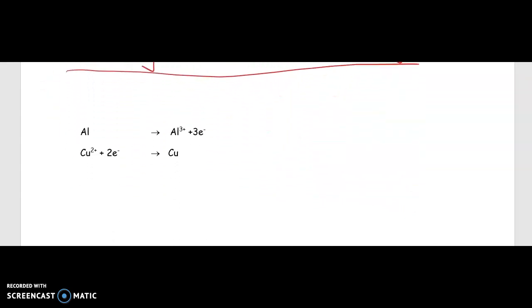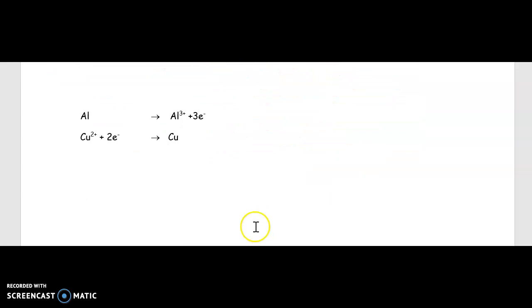Doing one slightly more complicated. Here I have Al going to Al3+ and losing 3 electrons, and here I have Cu2+ gaining 2 electrons to form Cu. So the number of electrons lost by the Al isn't the same as the number gained by the Cu2+, and in this case I'm going to have to multiply both equations by a number, but the number's not going to be the same.